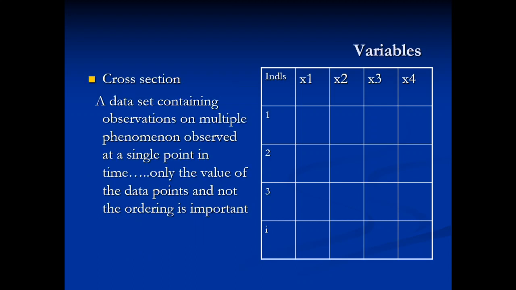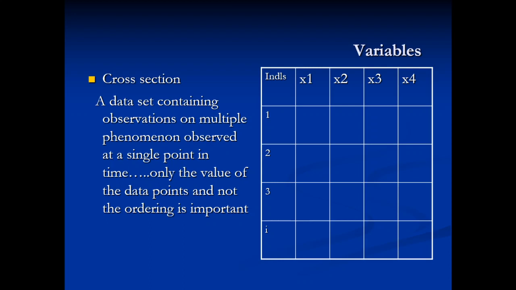And then here you have different individuals 1, 2, 3, etc. up to I, with observations on multiple phenomena observed at a single point of time. At a particular point of time, what are the details of student A? Maybe student A is Sam, then student A's monthly per capita consumption expenditure may be X1, his age may be X2, his educational qualification may be X3, whether he is coming from a rural or urban background is X4.